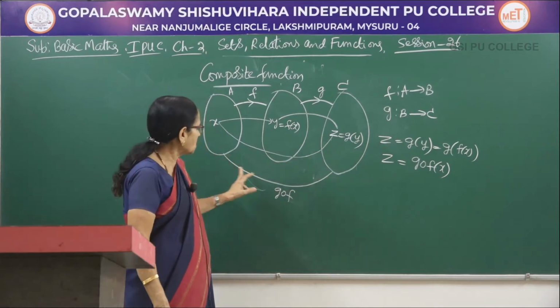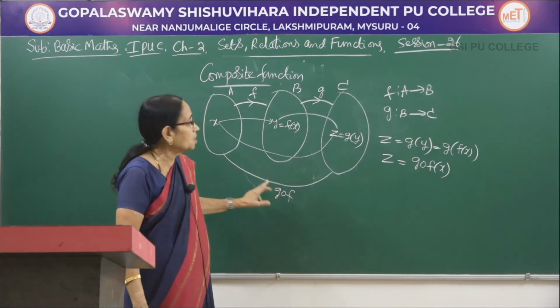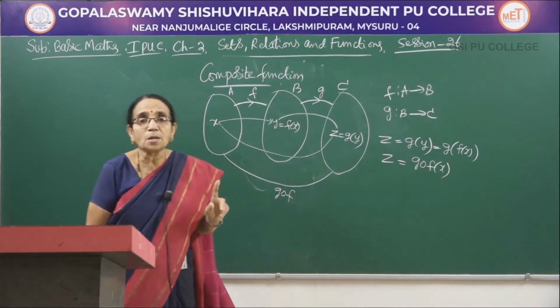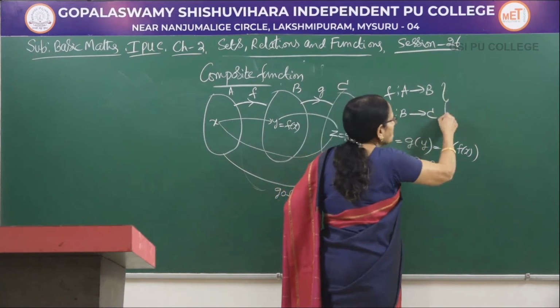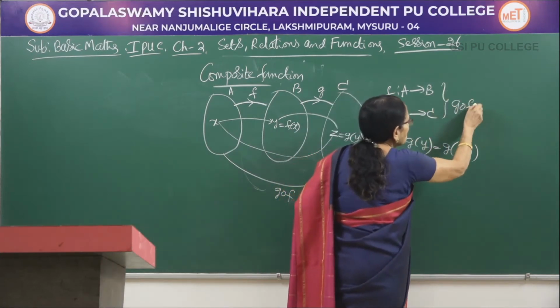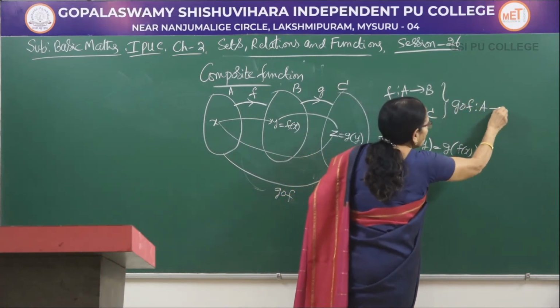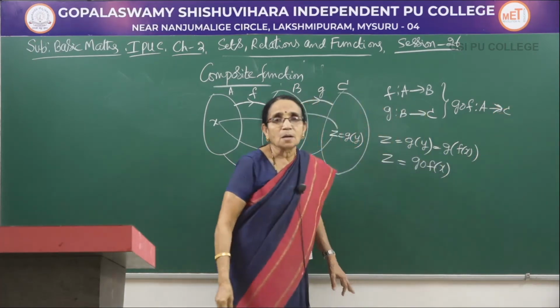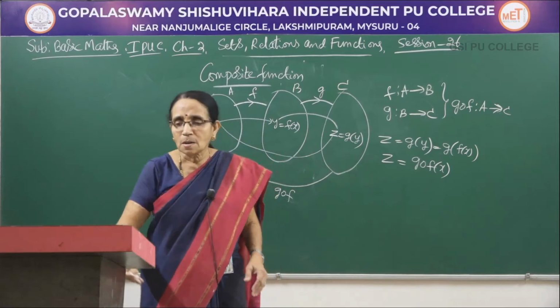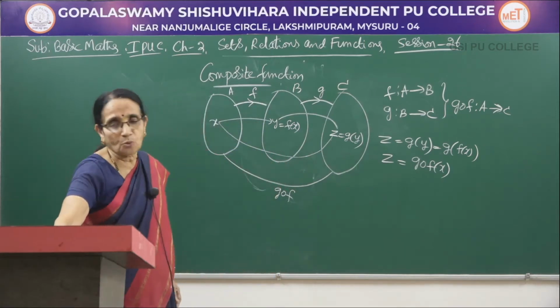So g o f is from A to C. We write it as the function g o f from the set A onto the set C. This is called the composite function or composition of two functions.